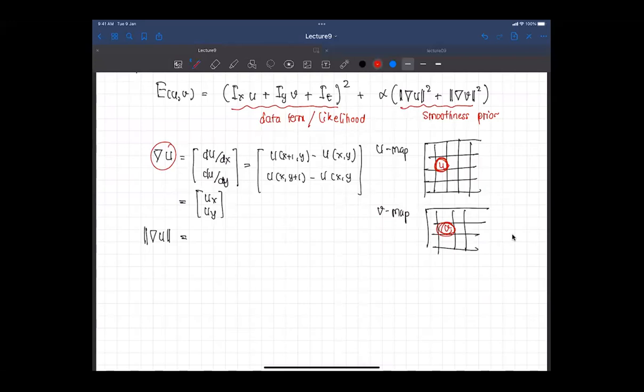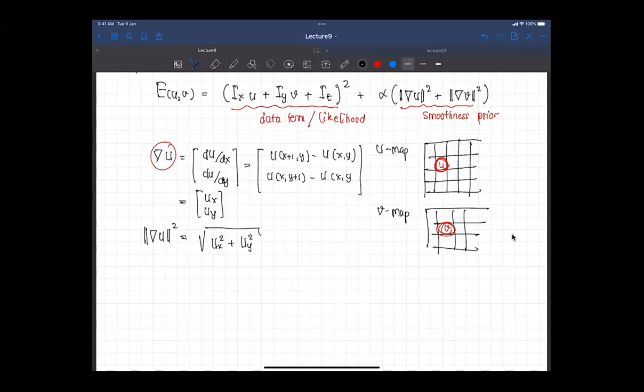And the two straight lines mean the magnitude of that vector. How can we compute the magnitude of a vector? Square root, yeah, square root of what? In this case, nabla u is equal to (ux, uy), so ux squared plus uy squared.